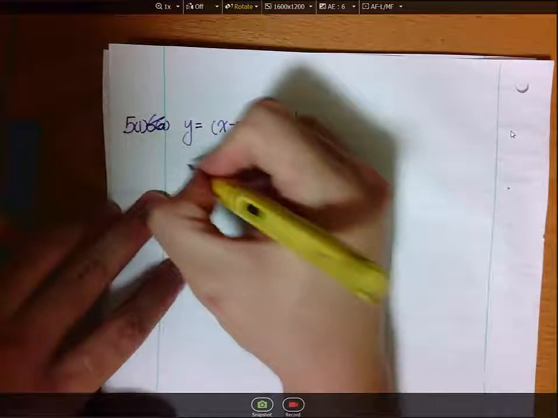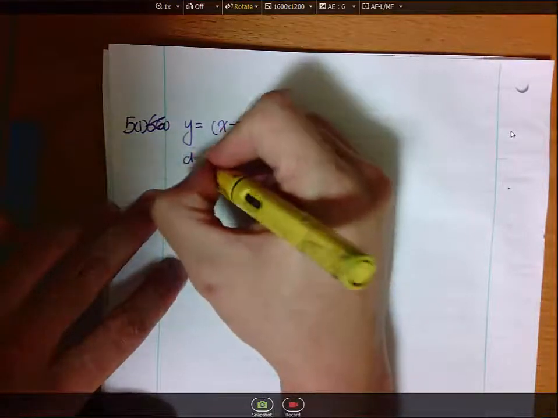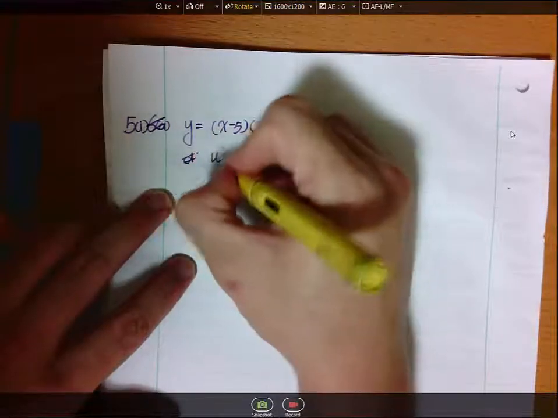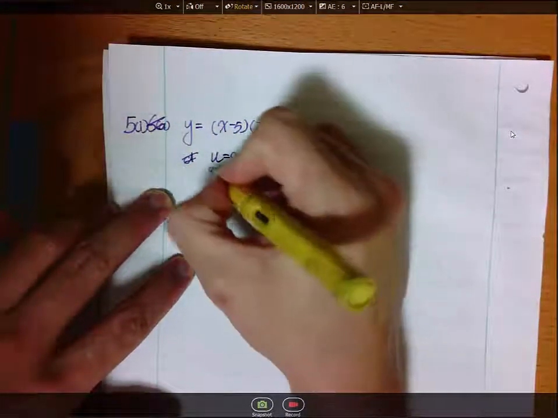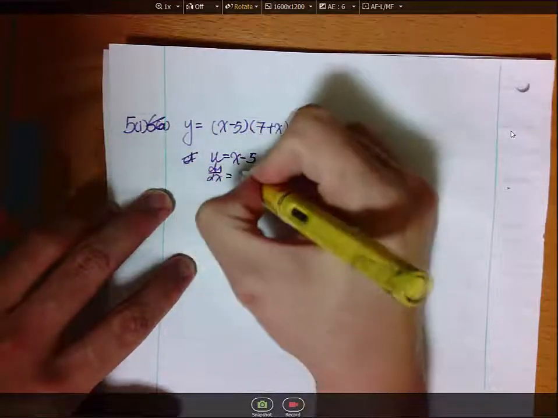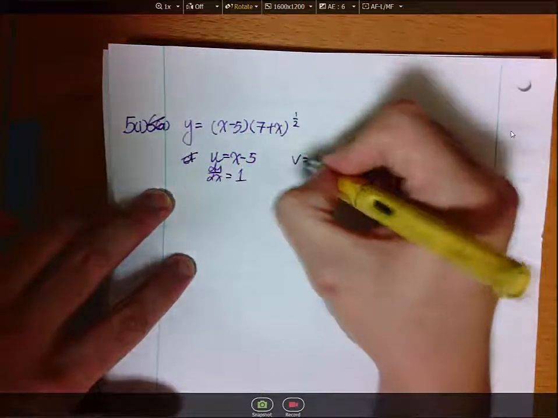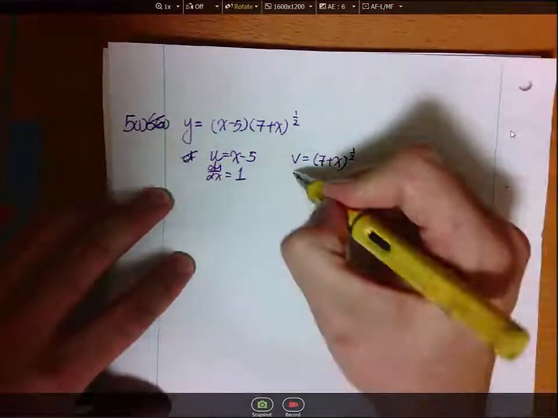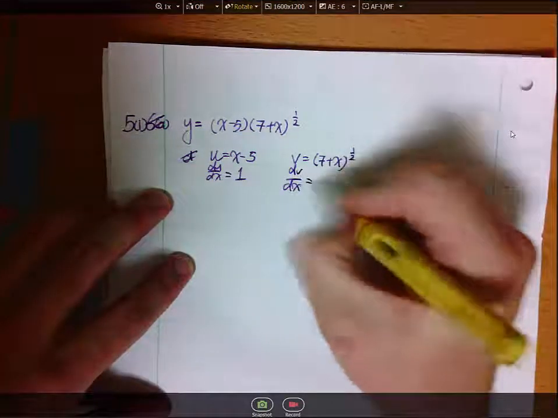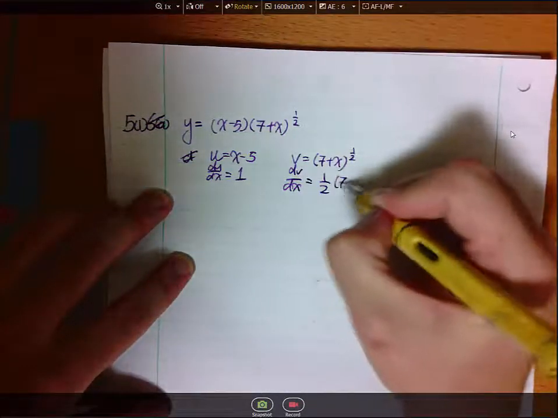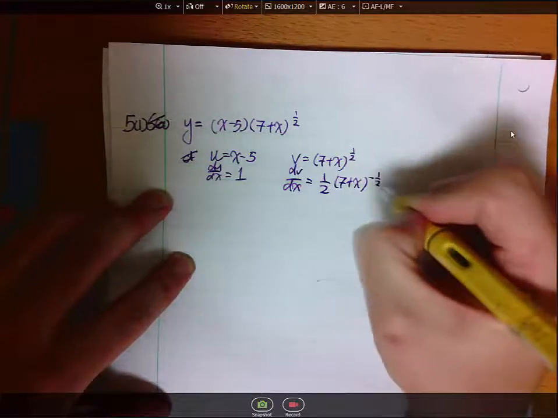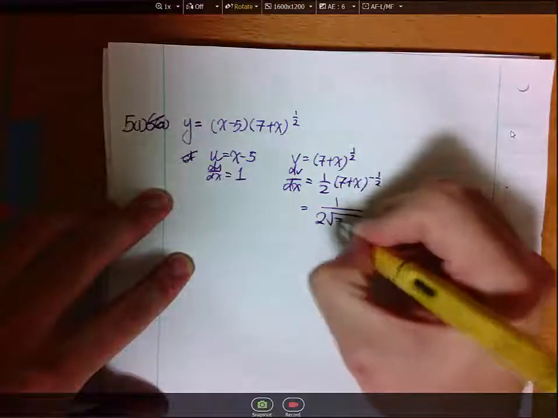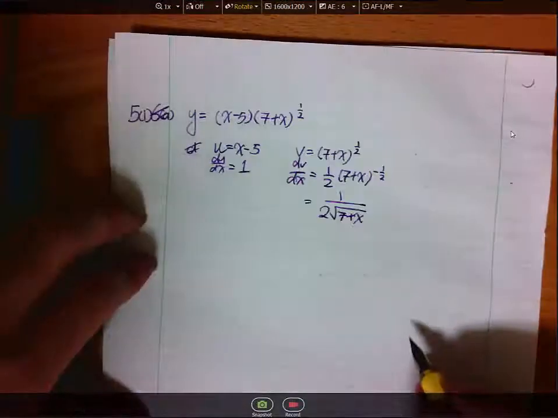Then I'll just show you the whole product rule. u equals x minus 5, du/dx equals 1. v equals (7 plus x) to the power of half. Differentiating v with respect to x, you get half (7 plus x) to the power of negative half, equals 1 over 2 square root of 7 plus x.